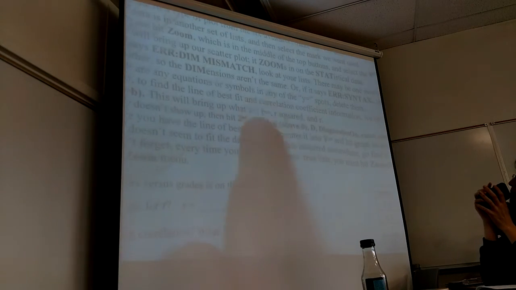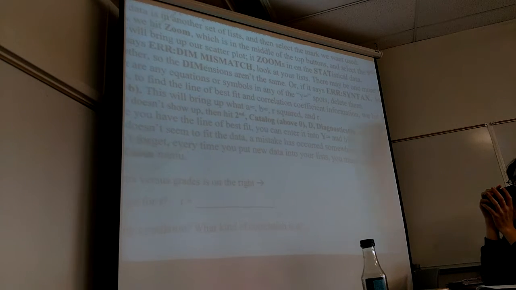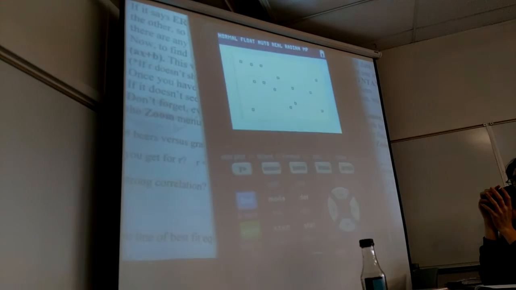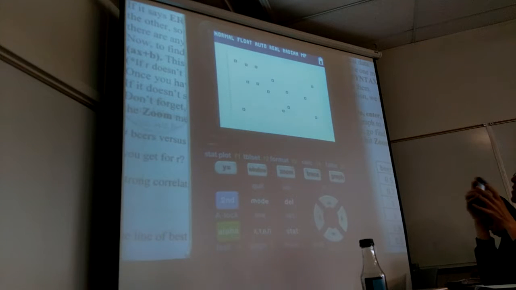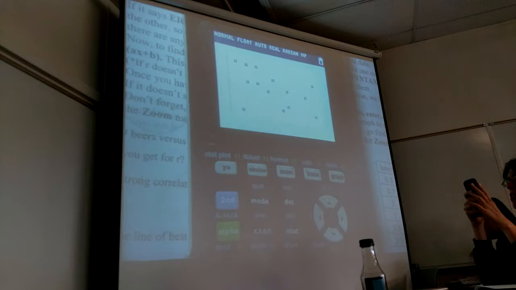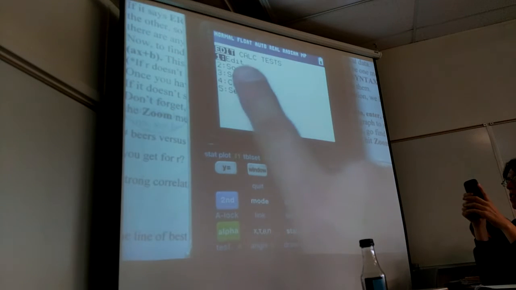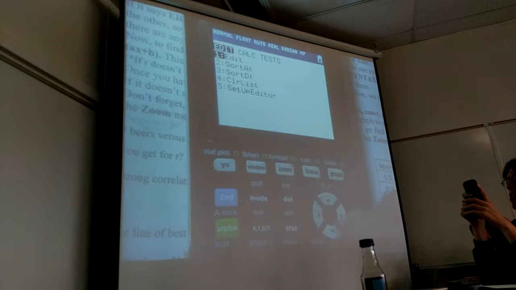Again, the instructions are on your calculator guide that you can print out from the website if you haven't done so already. Go to stat. Now I want to do some calculations with my data. So if I go to stat, calc, which one looks like it's going to tell me a line of best fit?